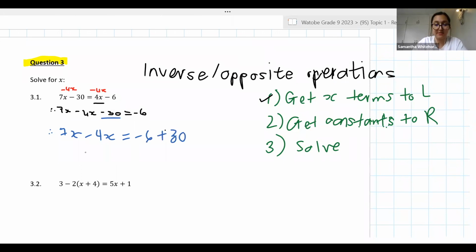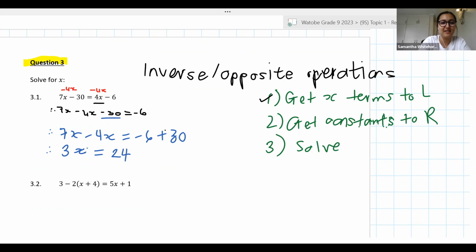Then we find the like terms, which is 7x minus 4x, which is 3x. Good. And then we continue on the right-hand side. Minus 6 plus 30, I believe it is 24.